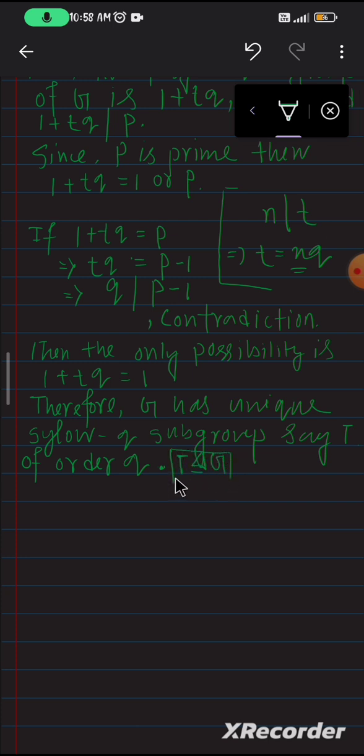So we find two subgroups, one is H and another is T. These two subgroups are normal subgroups in G.